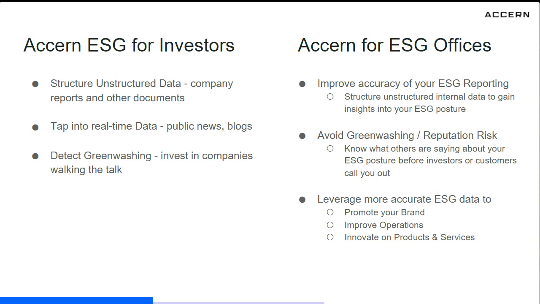And that's where Accern comes in handy, where we see these companies and their internal teams utilizing their internal data and then passing it through our system to generate insights around how their ESG posture looks from the sentiment point of view, from the broader distribution of different topics, whether they are covering all the aspects of the ESG map that's of concern to them or not, and identifying certain gaps that they might not have filled in their reporting.